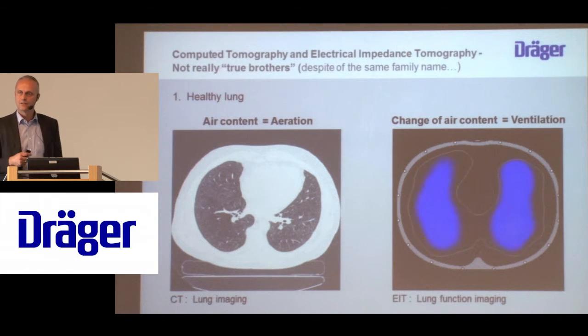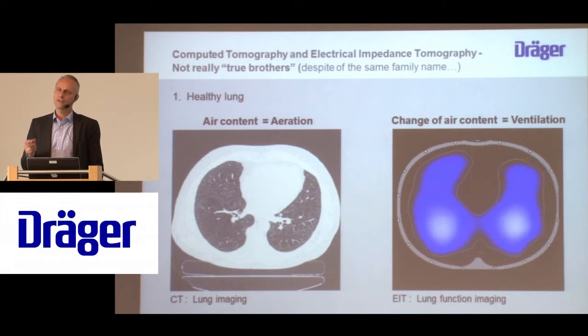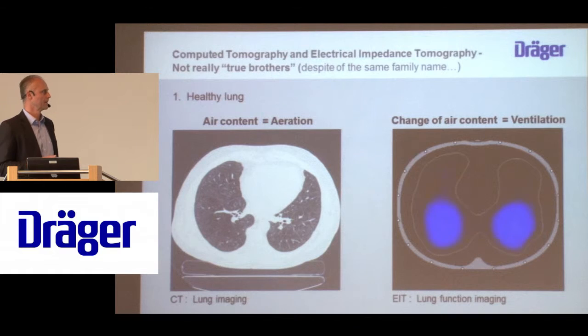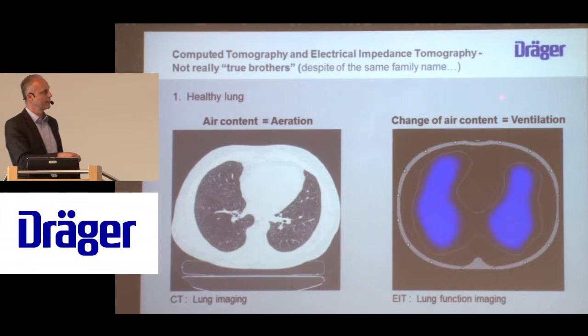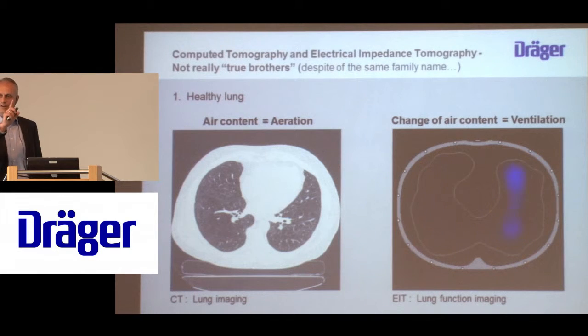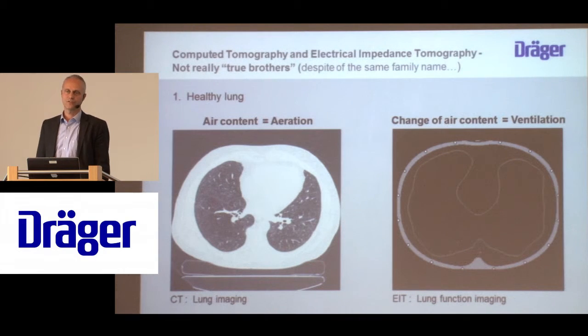Also, we are displaying functional information with EIT, while the CT scan displays morphological information. Regarding temporal resolution, a CT is just a snapshot, while with EIT we can produce up to 50 images per second. So it's a very high temporal resolution, while the spatial resolution is much less compared to a CT scan.